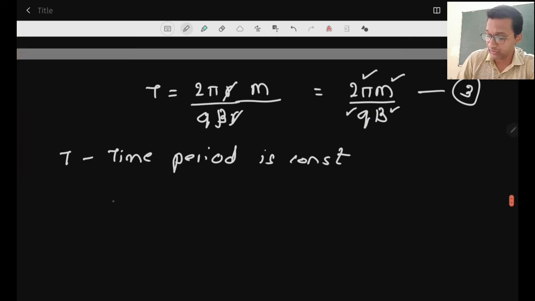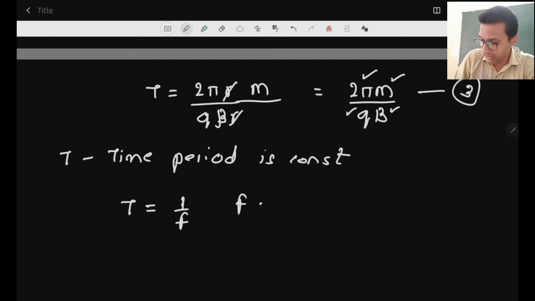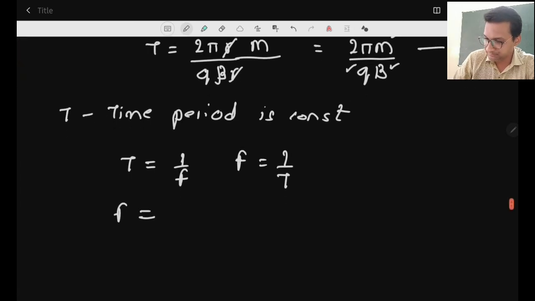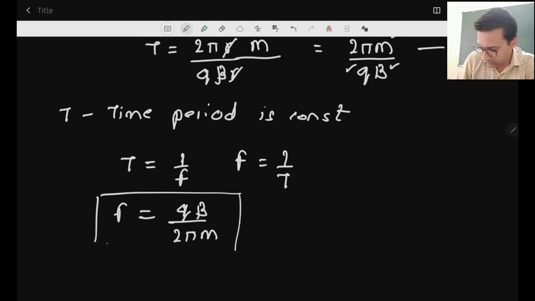From this we can also find the equation for frequency, because we know T is equal to 1 by f, or f is equal to 1 by T. So this frequency will be equal to 1 divided by T. T is 2 pi m divided by qB, so q and B will go in the numerator.